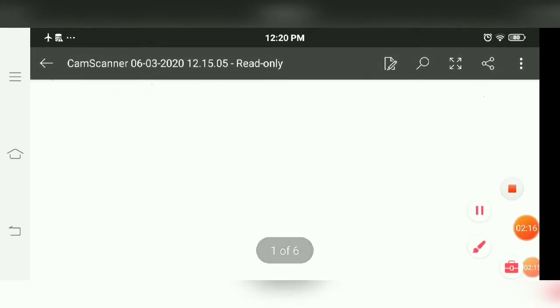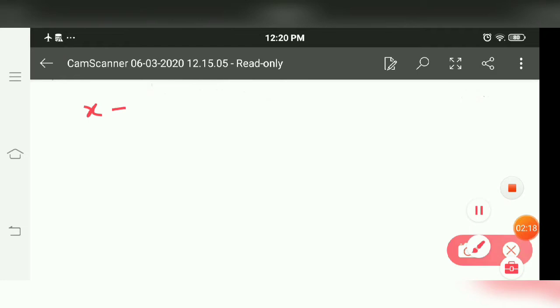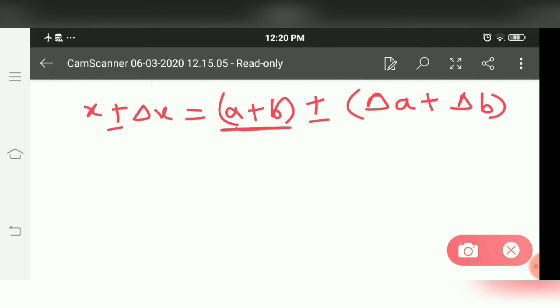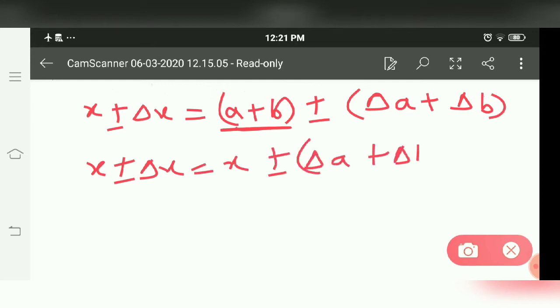So by solving this we get x plus minus delta x is equal to a plus b plus minus delta a plus delta b. Now this a plus b is what? x. So x plus minus delta x is equal to x plus minus delta a plus delta b.